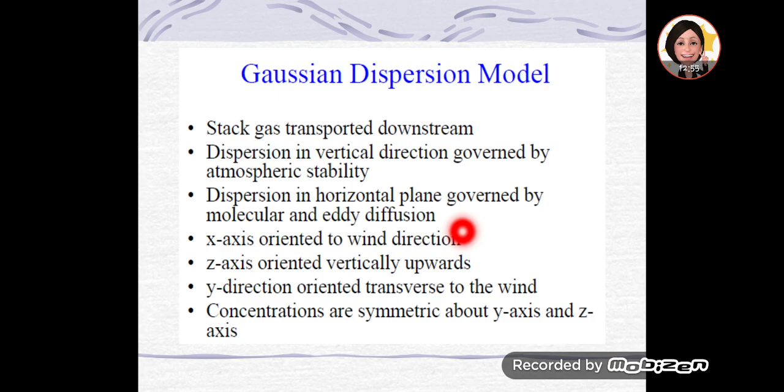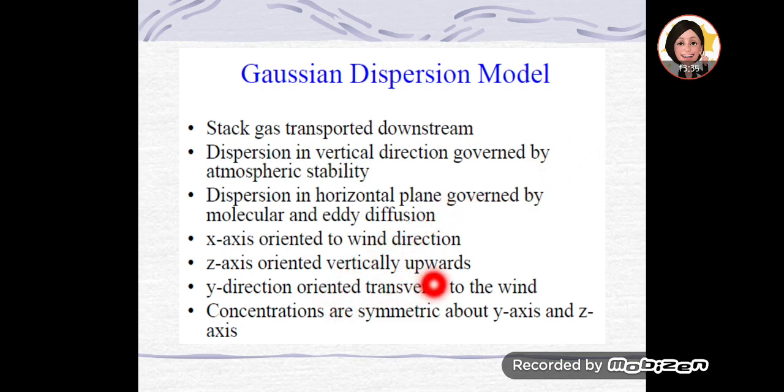The x-axis refers to wind direction, and the z-axis refers to the vertically upwards direction. The y direction refers to transverse to the wind. So this Gaussian dispersion model always treats the stack gas as transported downstream, always using the wind direction.